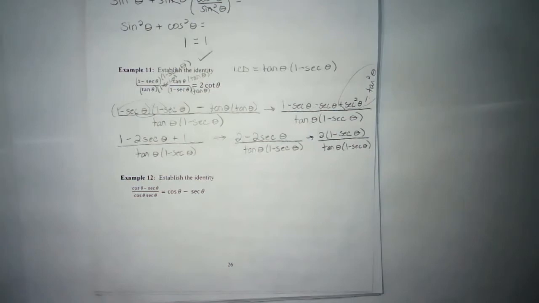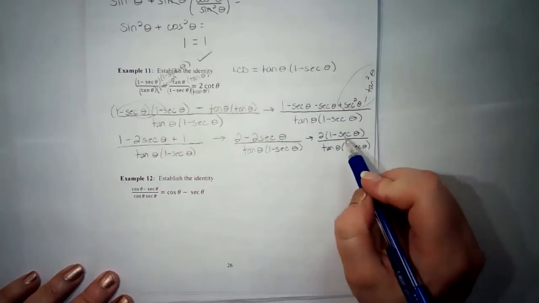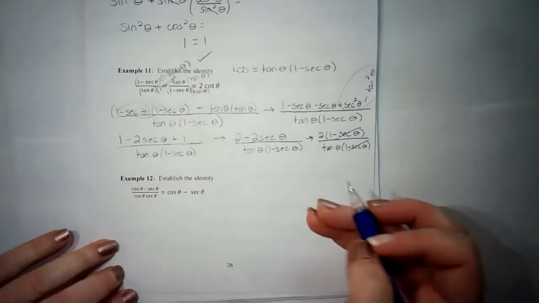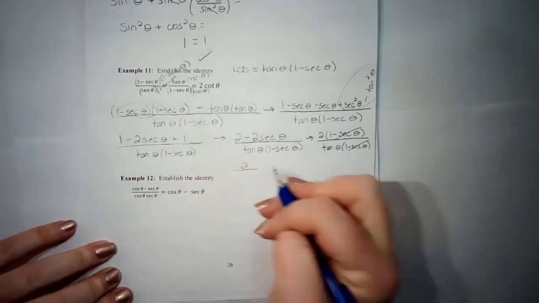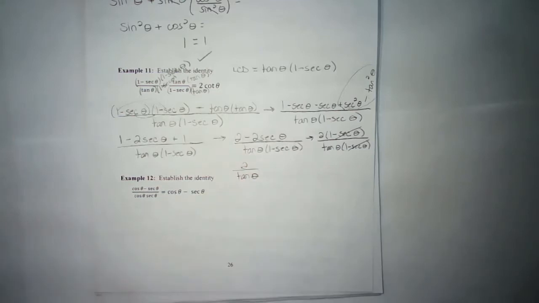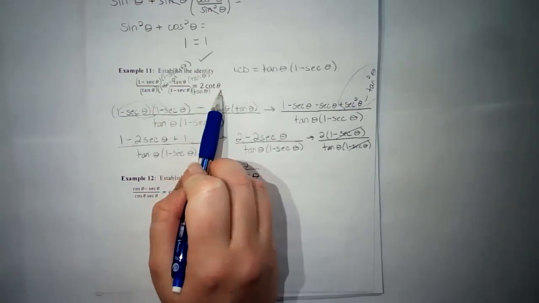All right, moving right along. So we get to this part. I see a cancellation. Awesome. Now I'm down to 2 over tan theta. It's always good when you get close to the end to go back and look at what you're trying to get. What are we trying to make? 2 cotangent theta.